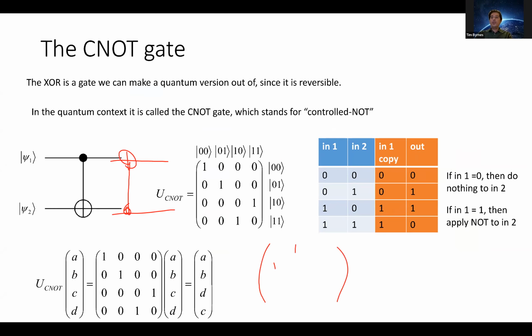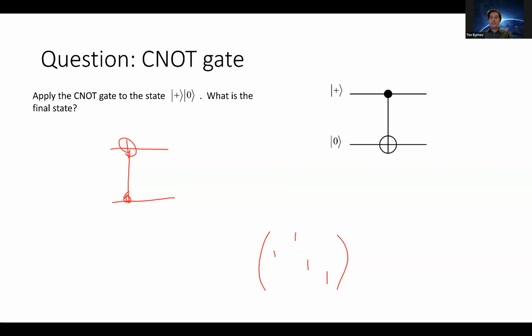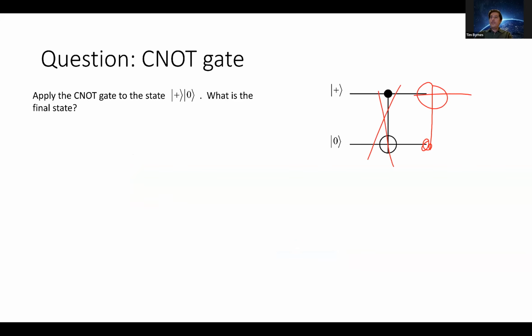You can see that it's going to give a different result, because if we did U C naught, but the second qubit is the control qubit, maybe I'll specify it like this.